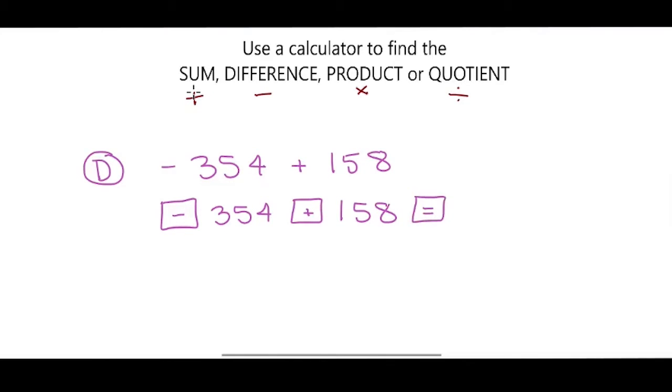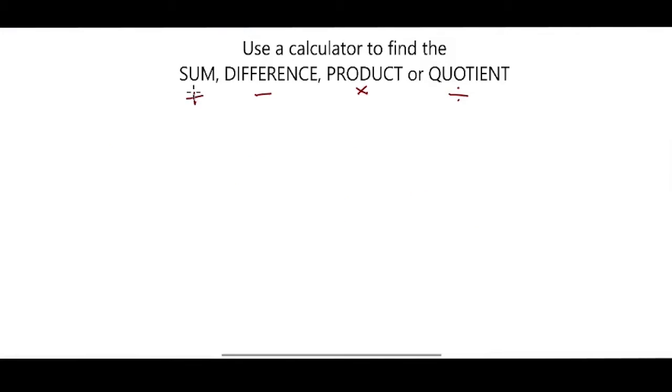After that, I hit the equal sign. And I should get negative 196. So those answers were sums and differences. Now let's do some that are products and quotients.